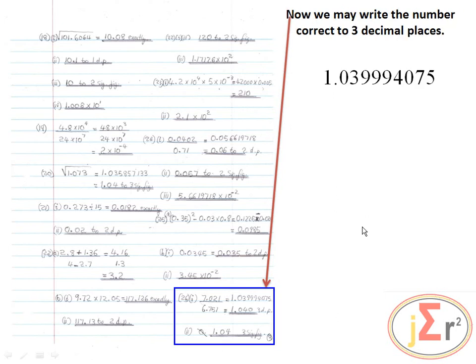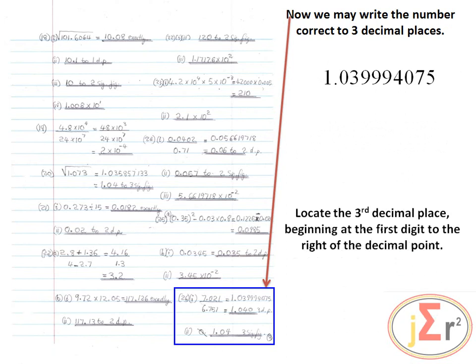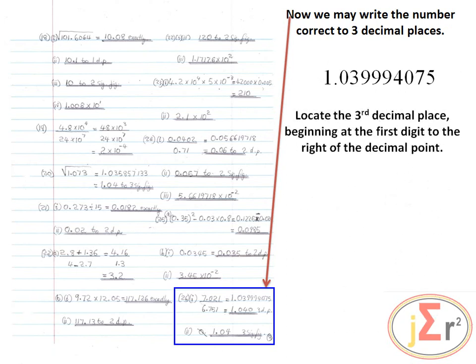Now we may write the number correct to 3 decimal places. Locate the third decimal place beginning at the first digit to the right of the decimal point. That is where we have the first decimal place right here, and we have 1 place of decimal, 2 places of decimal, 3 decimal places.